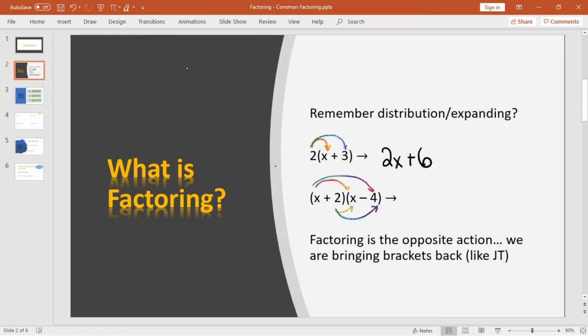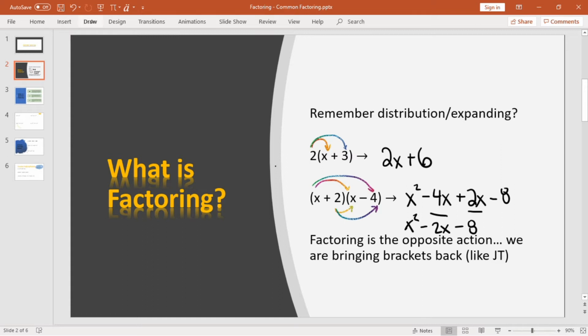And down here we do first, x squared, and then outside minus 4x, inside plus 2x, and last minus 8, and we would look at this and combine a couple of terms into x squared minus 2x minus 8. Okay, so that was expansion and distribution.